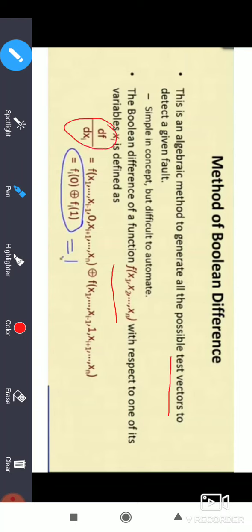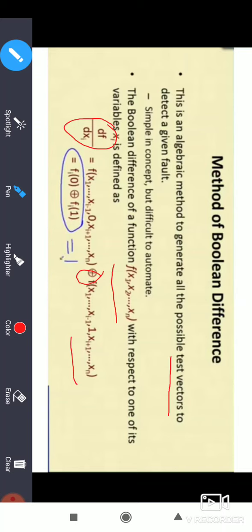Here we have to notice the function f of x1 up to xi minus 1, 0, xi plus 1 up to xn, exclusive OR with f of x1 up to xn.